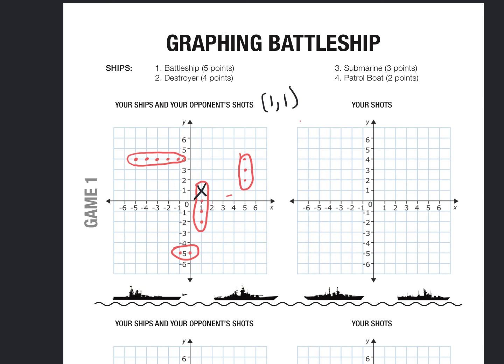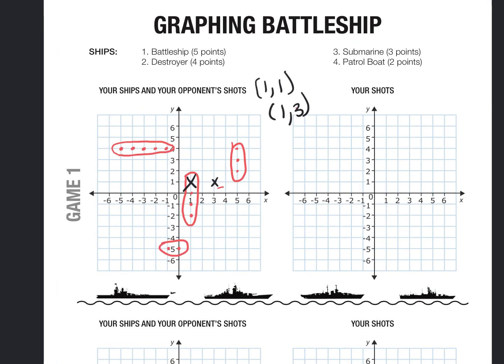If she misses, I'm going to say miss, but I'm going to mark, like maybe she said 1, 3, and I'm going to say miss. And I'm going to put a little X here so I can track her shots. And then I'm going to shoot at her boats and record where I shoot here to try to sink her ships.